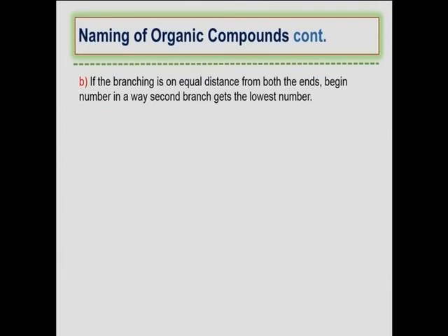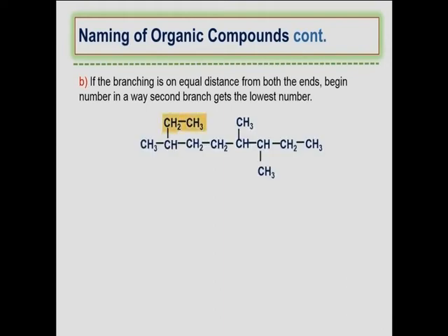The next rule is, if the branching is at equal distance from the end. For example, this one is your parent chain. Now you have two branches. You have one at carbon number 3, and another branch at carbon number 3. From where to start now? Both are at equal distance from the end.